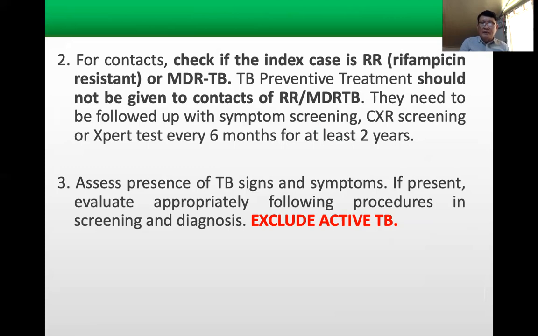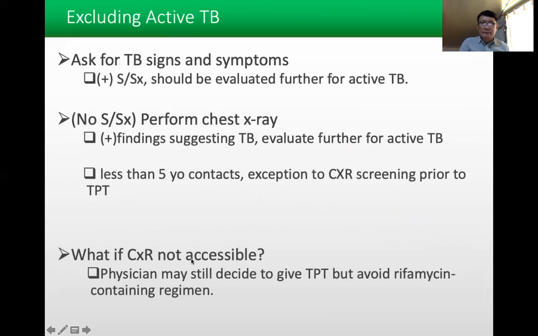So always exclude active TB in your assessment, because active TB can never undergo the so-called TPT. So how do we exclude active TB? As for TB signs and symptoms, if positive, they should be evaluated further for active TB.